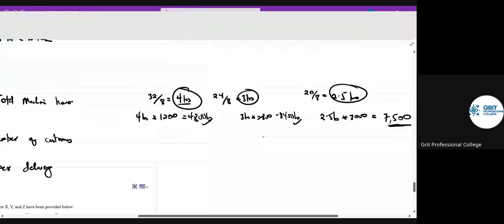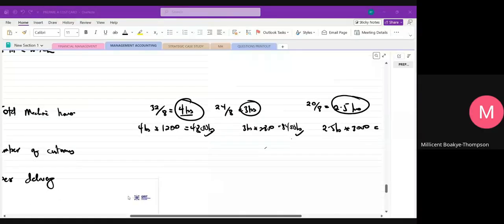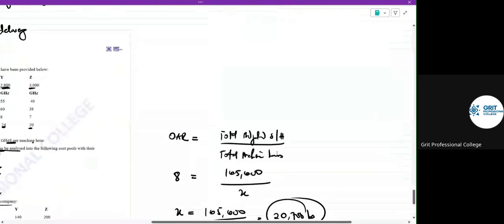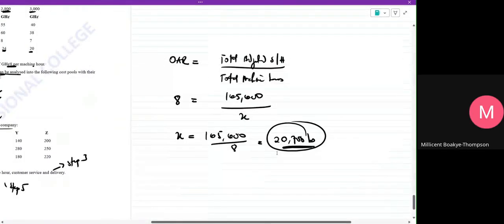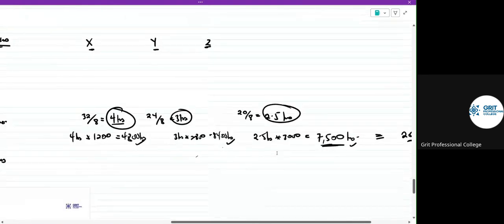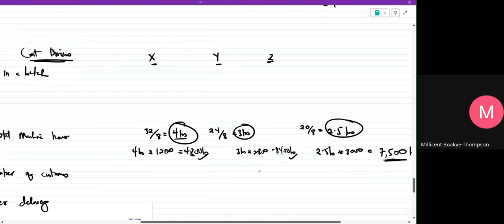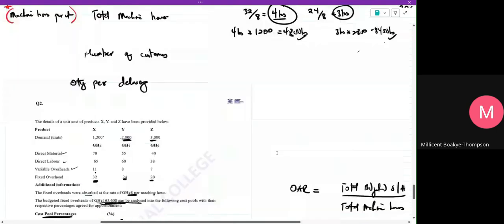Please, you can speak. Sir, please, I'm a bit confused. Can you hear me? Yeah, I can hear you. Yes, I'm a little bit confused. Please, can you go up a bit? The first one is, how did we get the 32/8 and then 24/8?